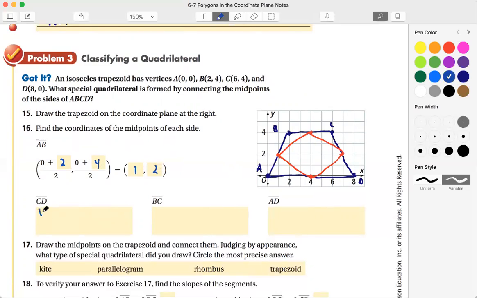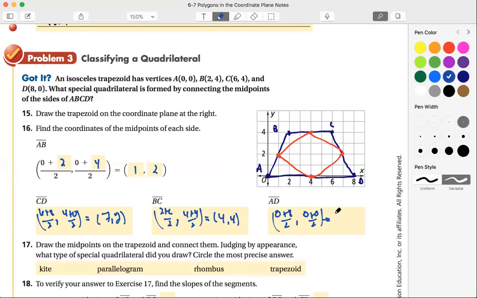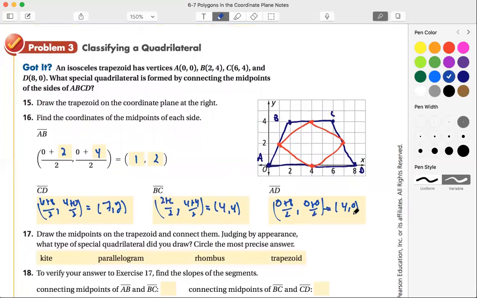For CD, we get (6 plus 8) over 2, comma, (4 plus 0) over 2, which gives us (7, 2). For BC, we get (2 plus 6) over 2, (4 plus 4) over 2, which gives us (4, 4). And for AD, we have (0 plus 8) over 2, comma, (0 plus 0) over 2, which gives us (4, 0).